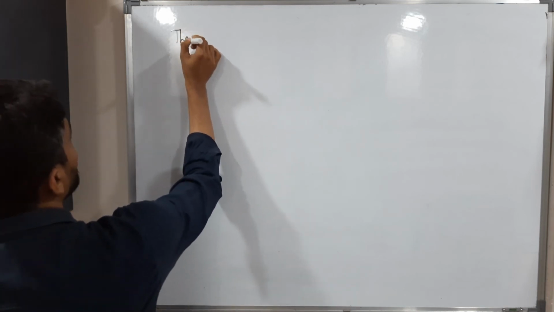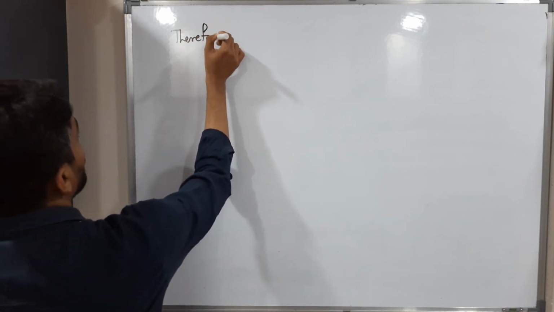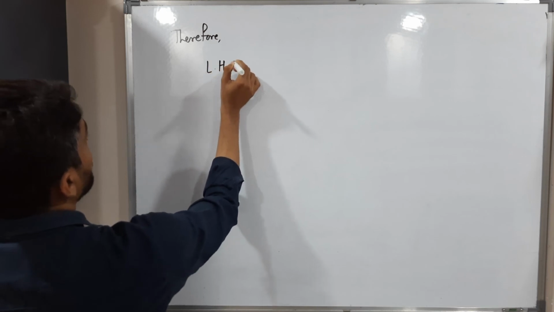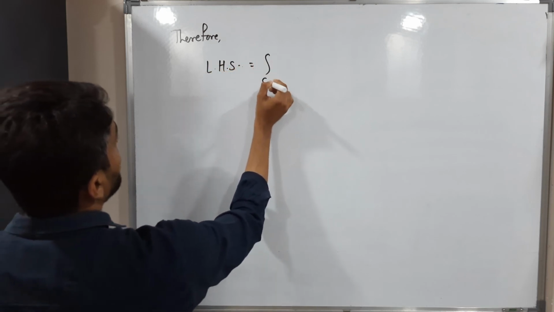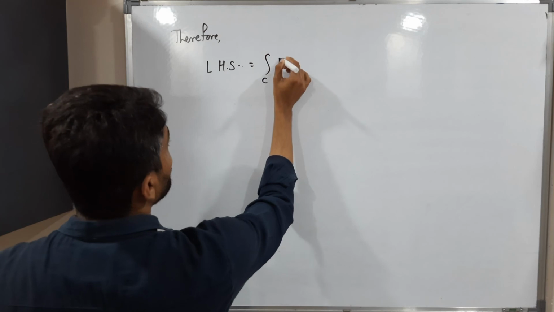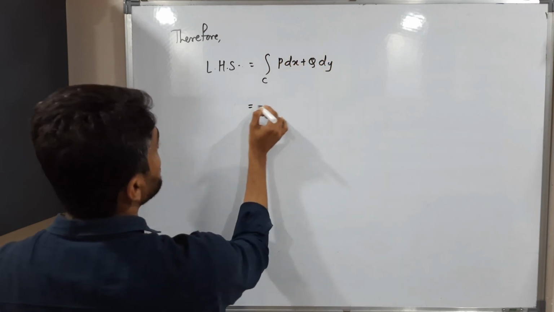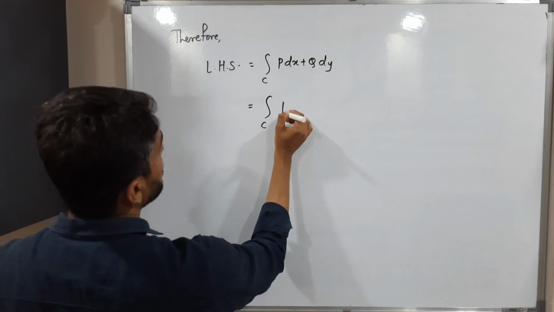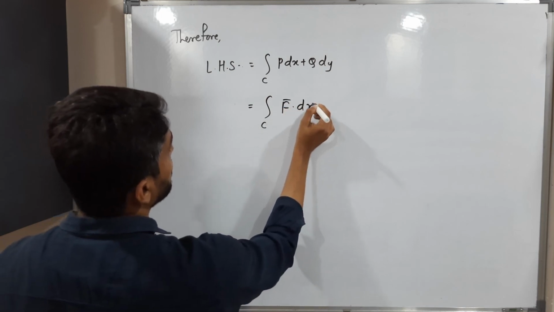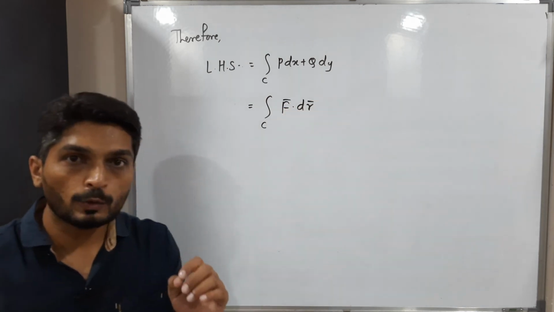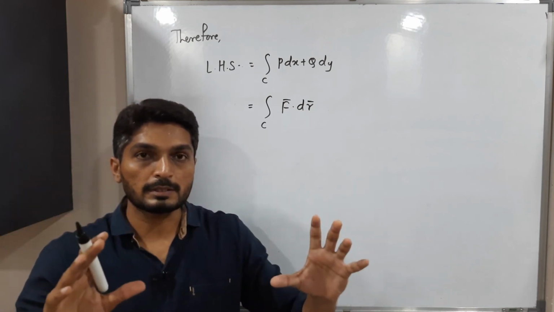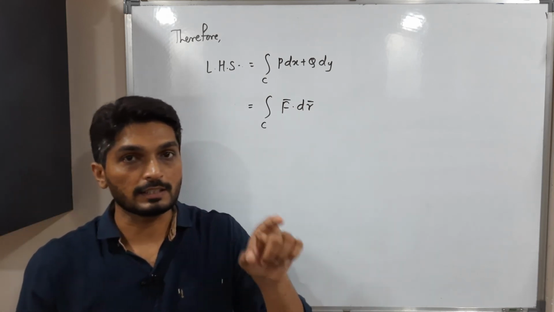Let me write here. Therefore, the left hand side is equal to the line integral over C of P dx plus Q dy. But we have already expressed it as the integration over C of A bar dot dr bar. So the line integral over C, but C has three parts, C1, C2, C3.